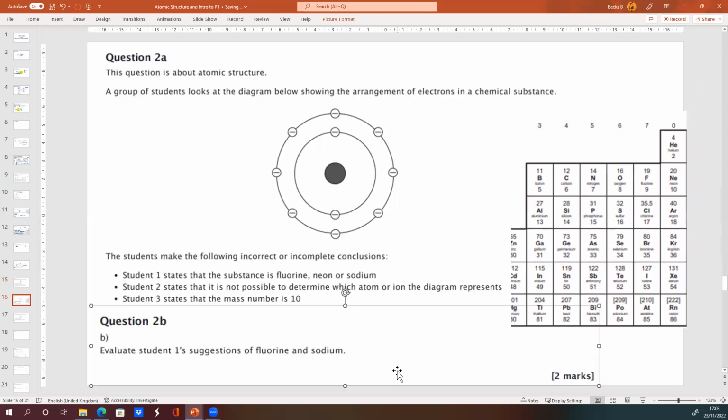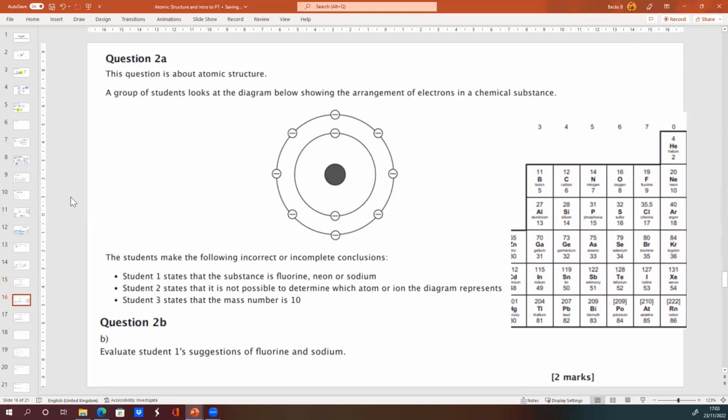Squeeze in there for you. So we're getting into the higher level thinking questions now.